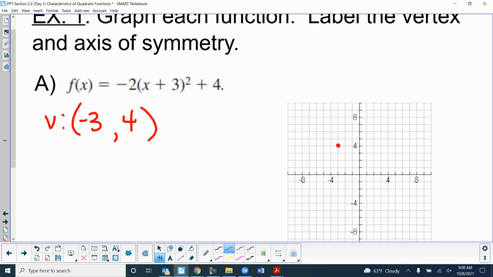Flipped it, or reflected it about the x-axis. Right, Landry? Right, Cindy? Okay, so if I know that the vertex is -3, 4, what's the axis of symmetry? x equals what? -3. All right? So here I'll use it, make it a nice one.